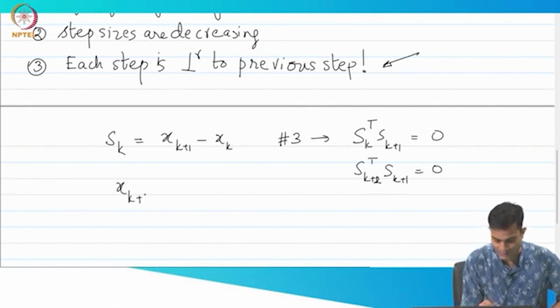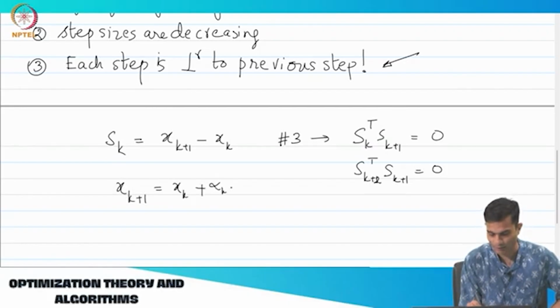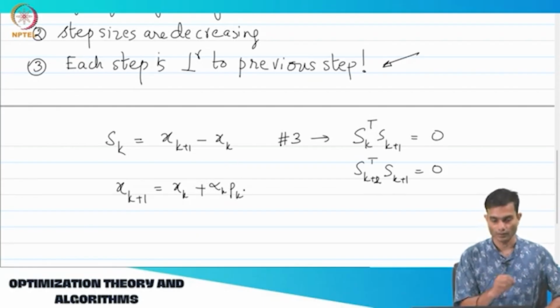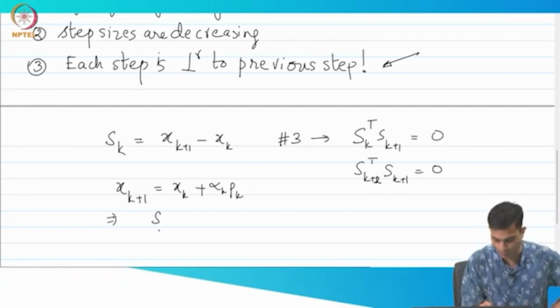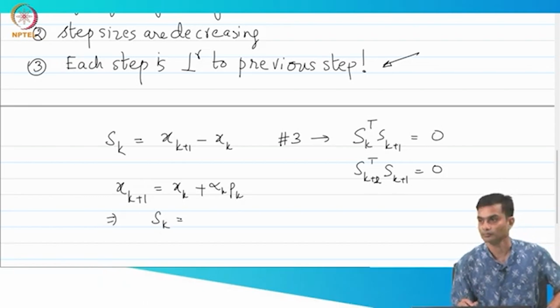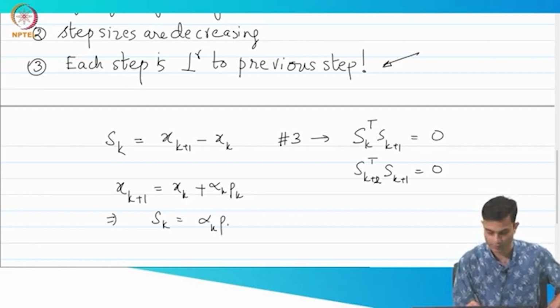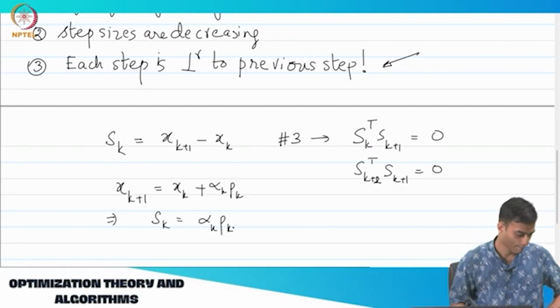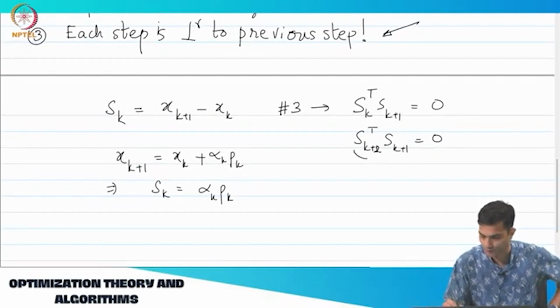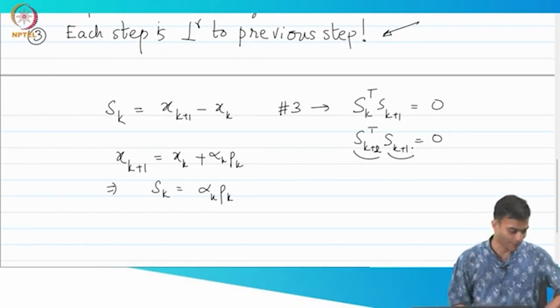Remember I wrote x(k+1) is xk plus alpha k pk. So together from here, what will sk be? Alpha k pk simply, right. So we can keep this; we have got one expression for sk.